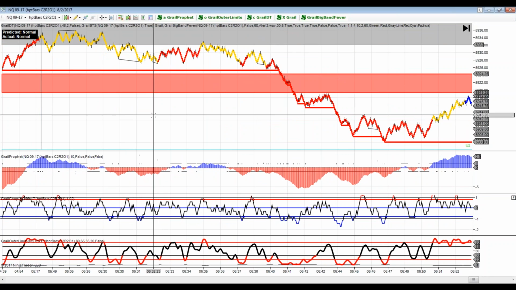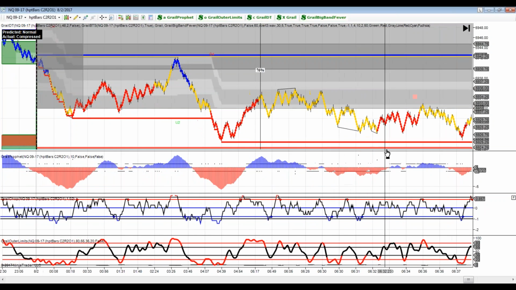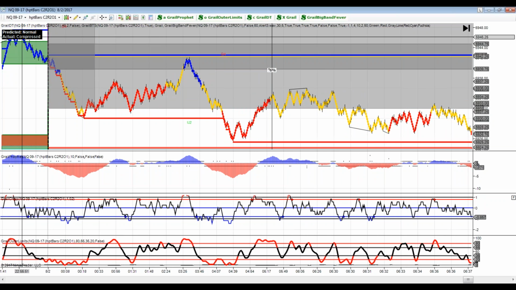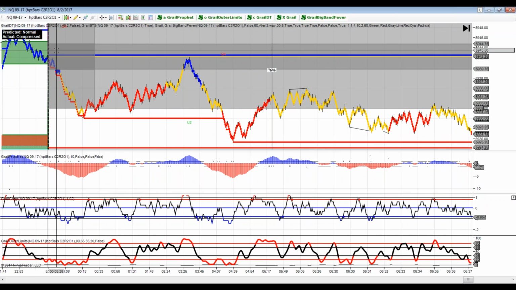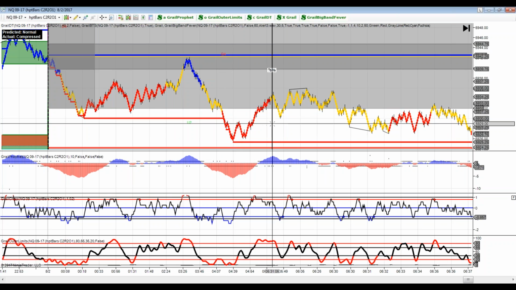So when this market started out today, it was predicted to be a normal range day. Normal range day typically is you'll go from band 2 below to band 2 above. Okay, that's typically a normal range day. And it started out normal. All right, notice we didn't even hit band 1 yet, and it was 5:30 in the morning.